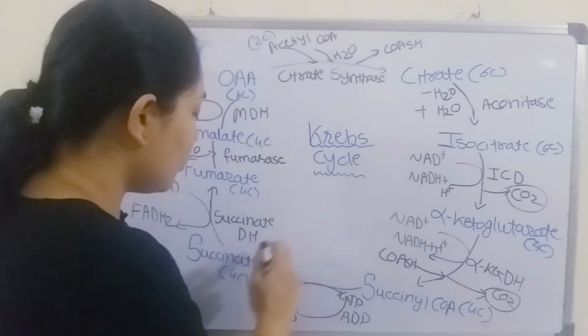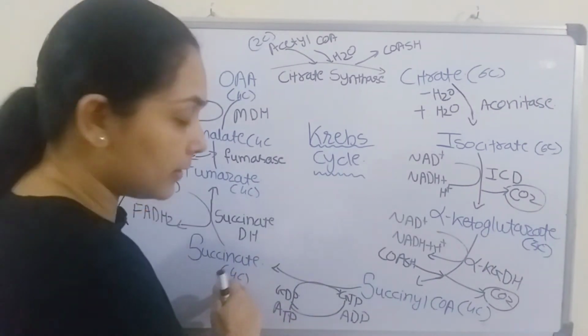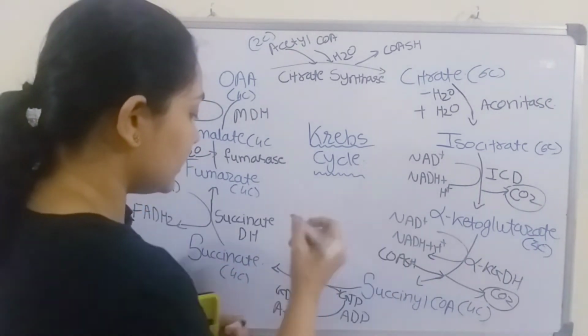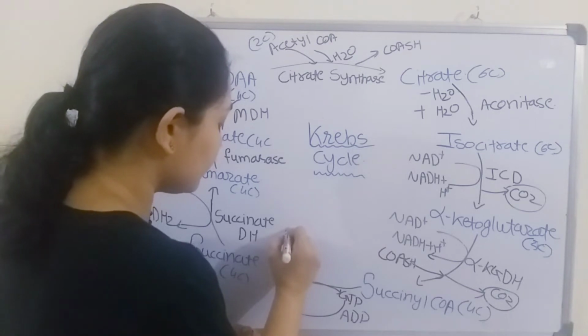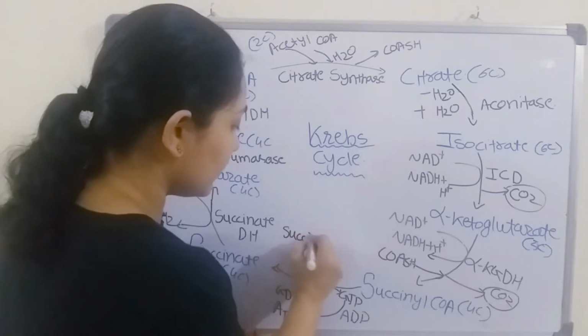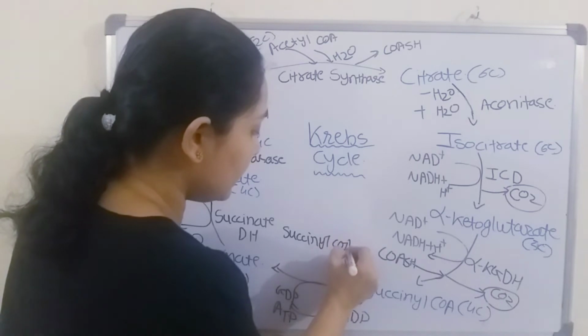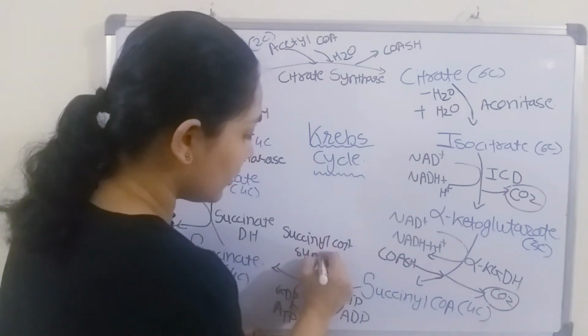Then succinyl coenzyme A will convert to succinate. The enzyme is succinyl CoA synthetase.